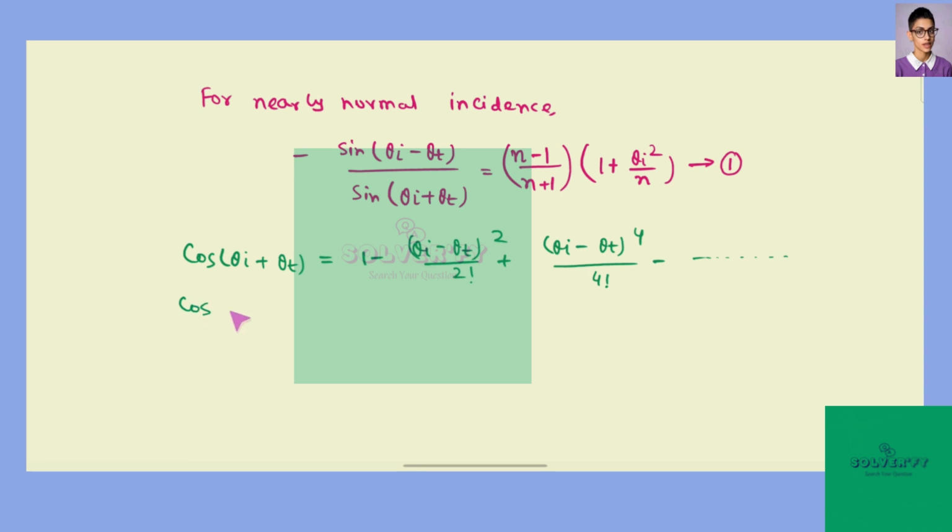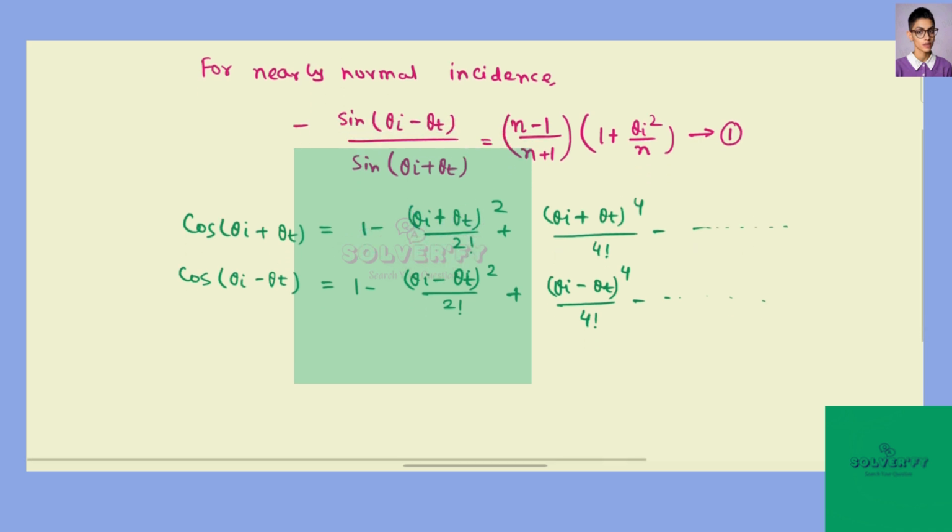Similarly, we can write cos of (theta I minus theta t) as 1 minus (theta I minus theta t) to the power 2 by 2 factorial plus (theta I minus theta t) to the power 4 by 4 factorial, minus, and it will continue up to infinity.